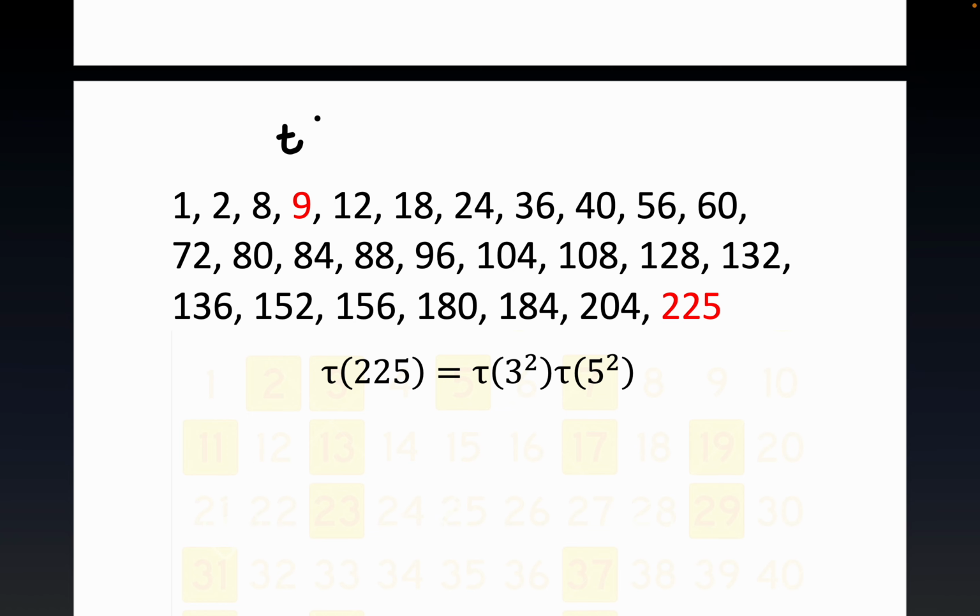Tau, I keep calling it T, I'm getting lazy. But tau of 9 divides 9, right, trivially, and you don't need any calculation there. 1, 3, and 9 are the only divisors, right? So that makes it a perfect square. 9 is equal to 3 squared, right?